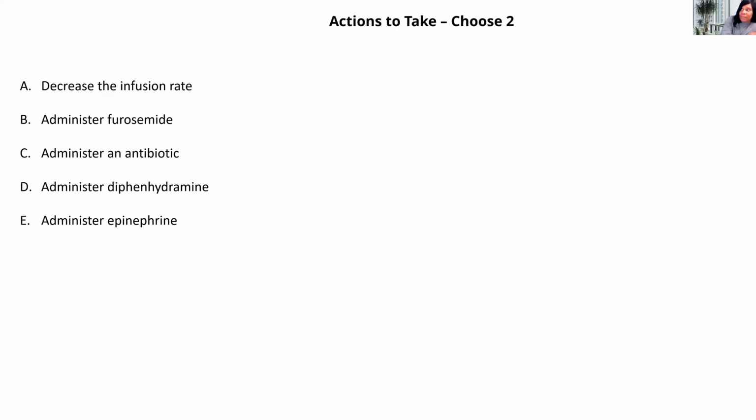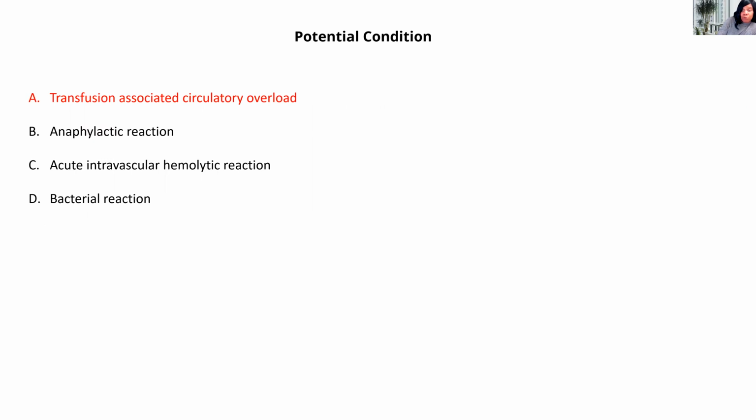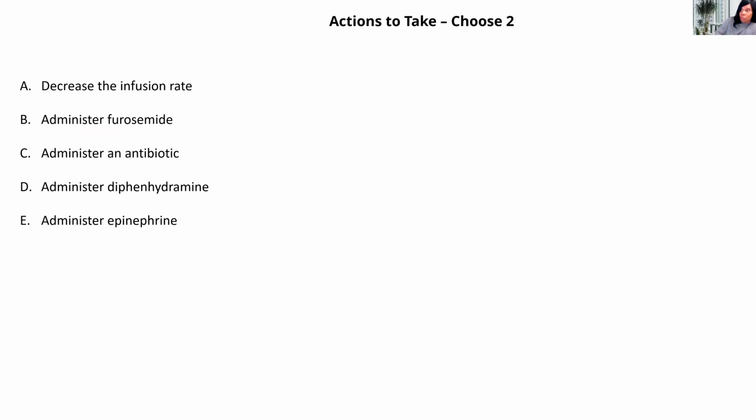So, actions to take. These are orders that are available for you. You're going to choose two of these orders which would be appropriate for this patient who has transfusion associated circulatory overload. Would we be decreasing the infusion rate?